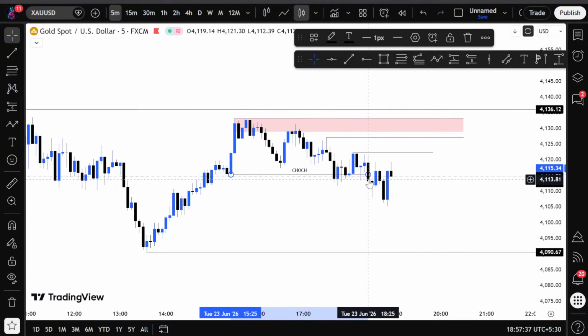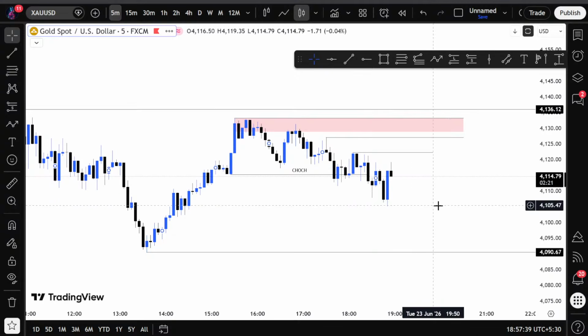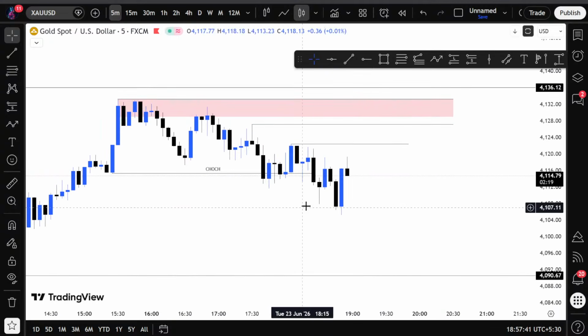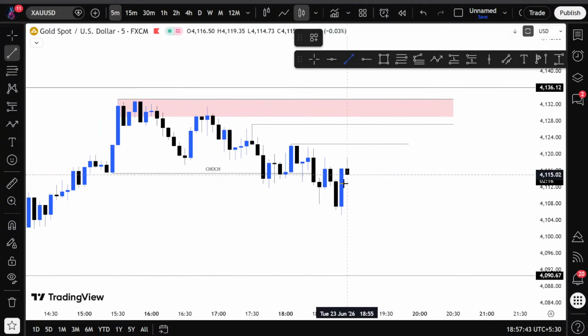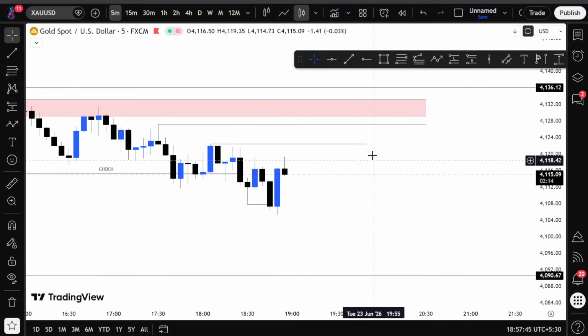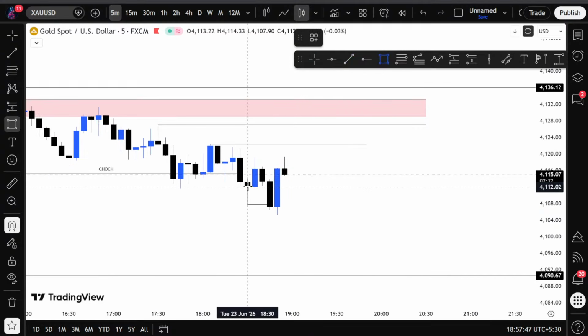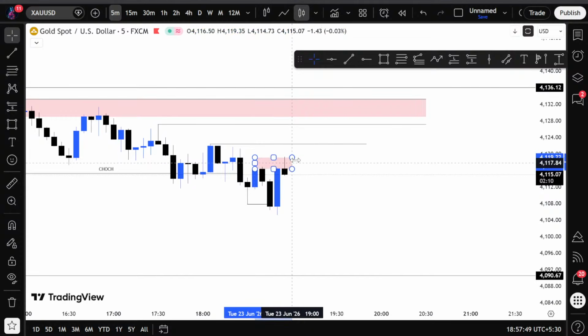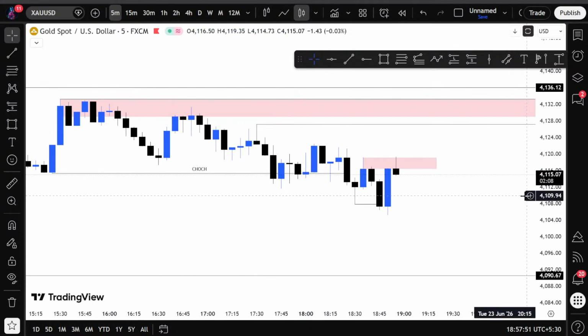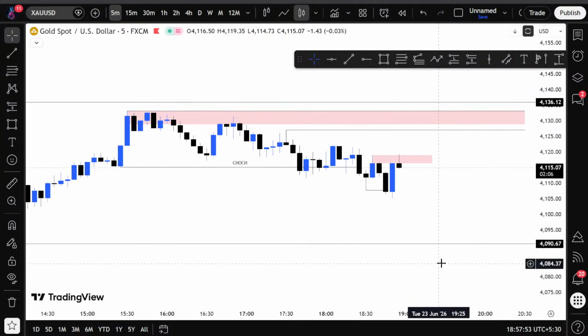This is your change of character after this two candle closing, and this is a valid retracement. So this is your new breakout structure. This was your zone and this is your second zone. Okay, from here it can drop.